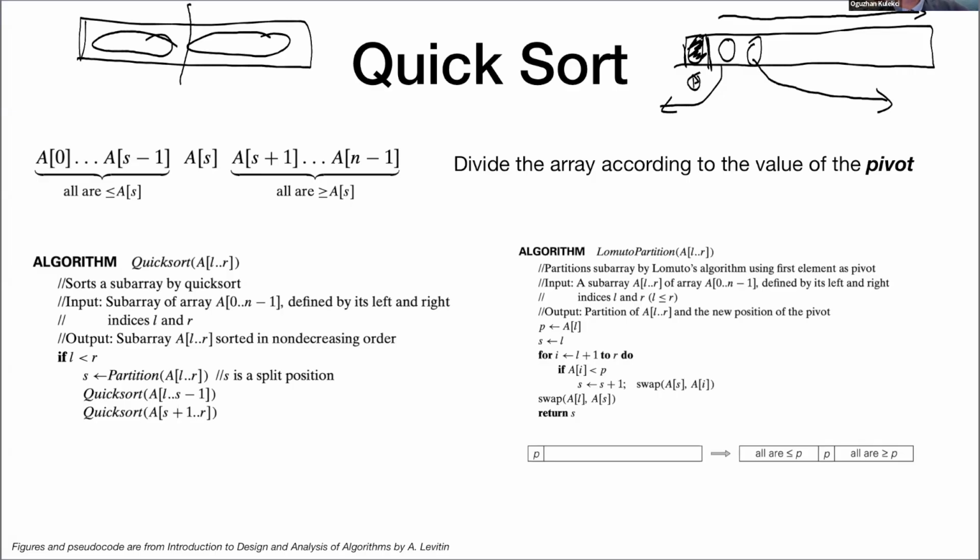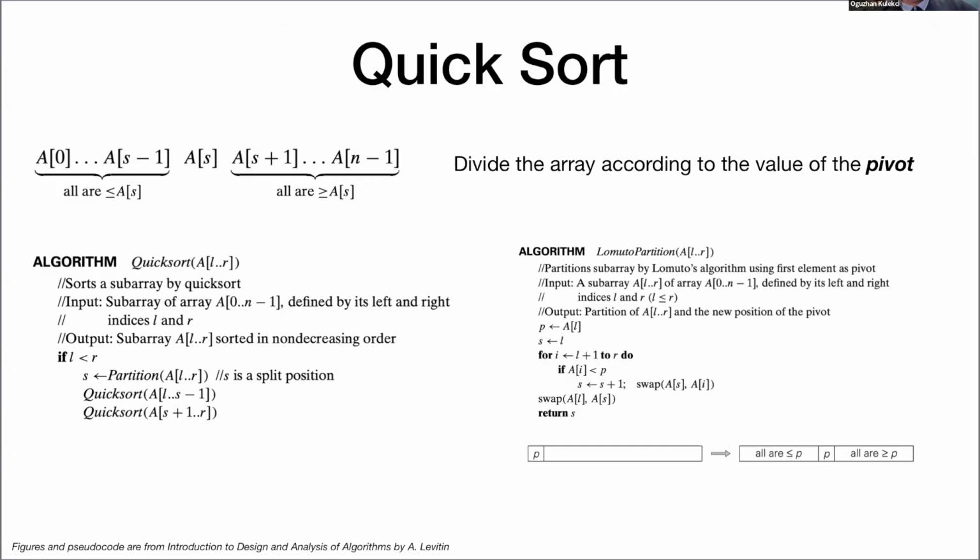After some time, the smaller ones will make the left partition and the greater ones will make the right partition. In other words, you have already detected the correct position of your pivot element. This is the quick sort idea.